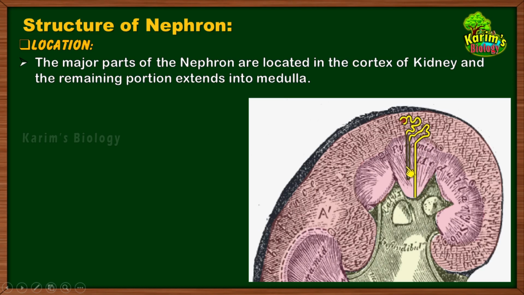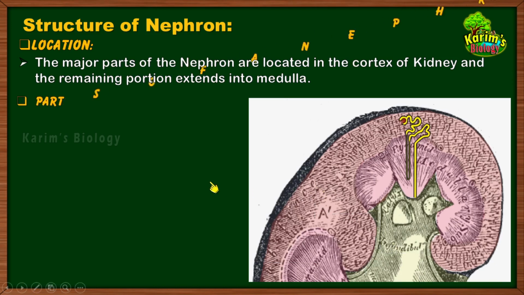See, it appears like a tube, right? That is why they are called tubular parts. And where is it located? It is located in the cortex of the kidney and also in the medullary part of the kidney. So in other words, half of it is located towards the cortical region of the kidney and the remaining half is located towards the medullary region of the kidney. Right, that's about the location of nephrons.